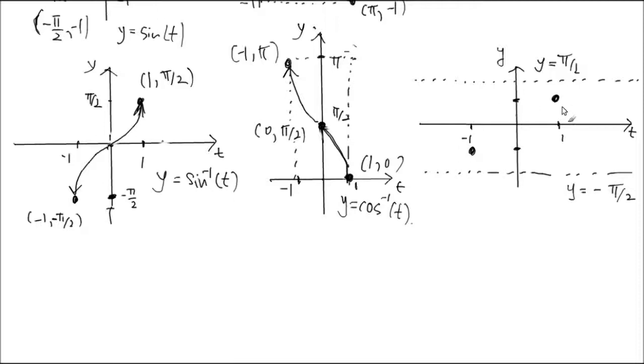So what's the coordinate here? Not pi over 4, so 1 comma pi over 4. Flip it. And what about this guy? You'll write down underneath it. Negative 1 comma negative pi over 4, right? Write down the coordinates. The hard part is, again, sketching this one with the correct concavity.